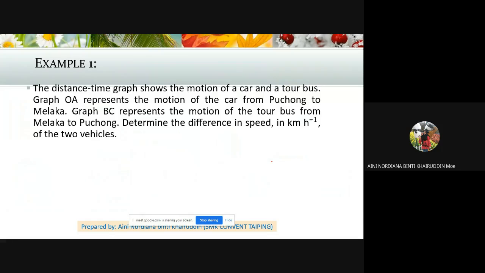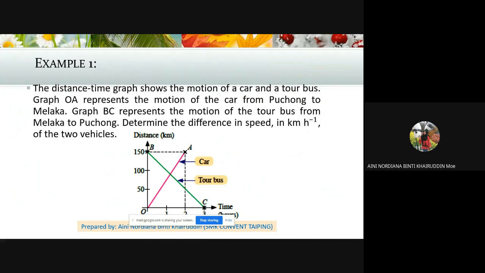So have a look at this example. The distance time graph show the motion of car and a tour bus. Okay, ni graph dia. The pink color is for car, the green color for tour bus.